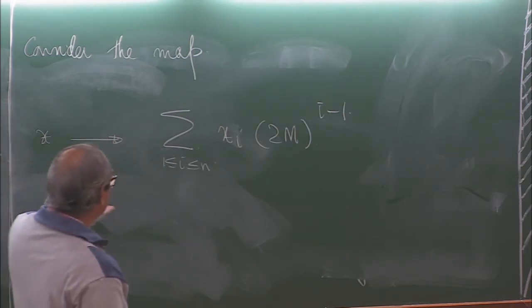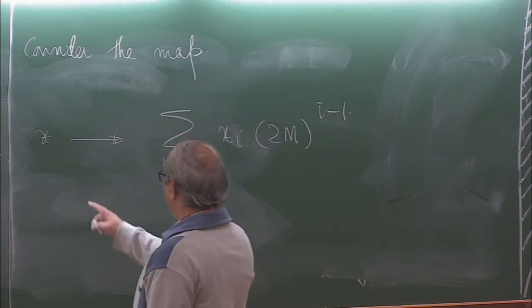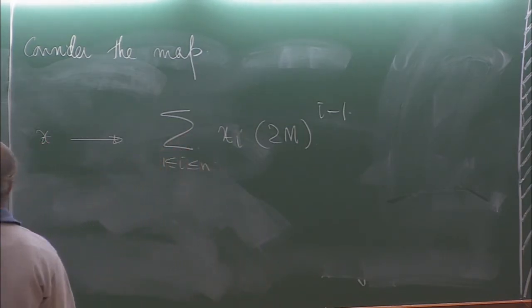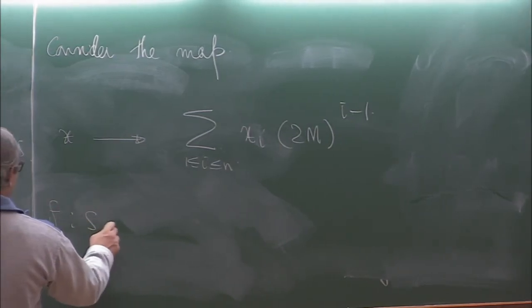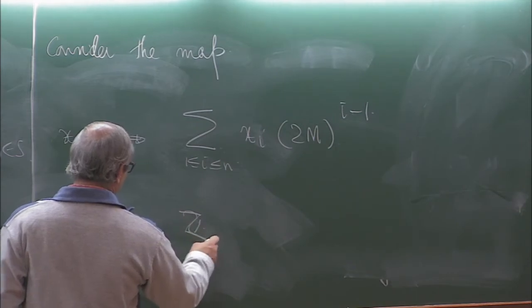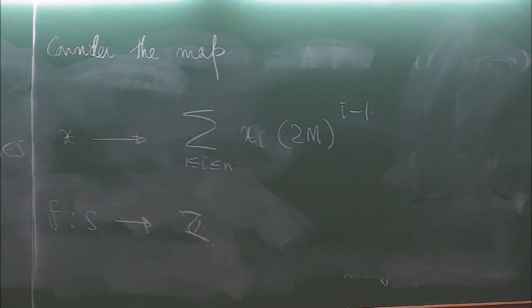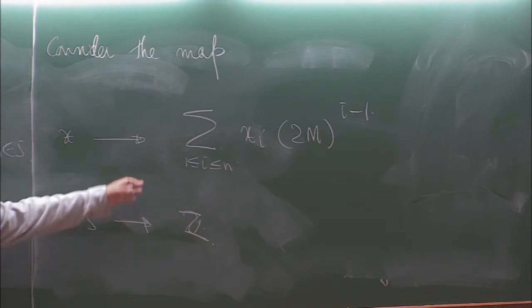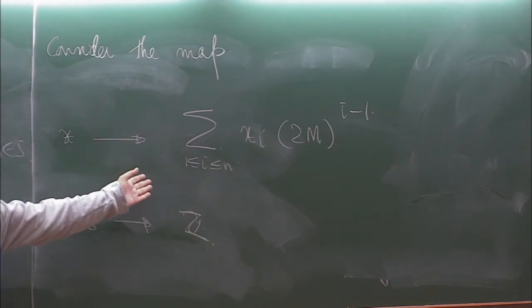Okay, so now you consider this map. Now what sort of a map is this? This goes from S to Z, really. In fact, it goes into the natural numbers. If you consider this as a map from S to Z, F is the restriction of an R linear map.